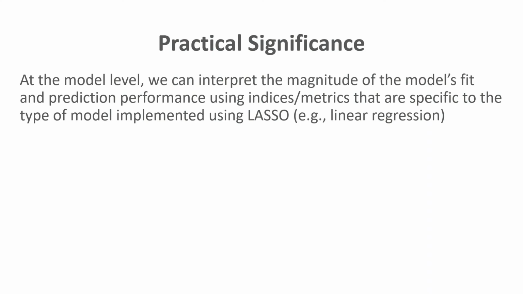So let's jump on now to practical significance and round out this lecture discussing what we mean by practical significance. Now, again, this is really going to be at the model level that we're interested in practical significance when it comes to lasso regression. And we can interpret the magnitude of a model's fit, or how well the model fits the data, as well as its prediction performance, prediction accuracy, whatever you're focusing on.